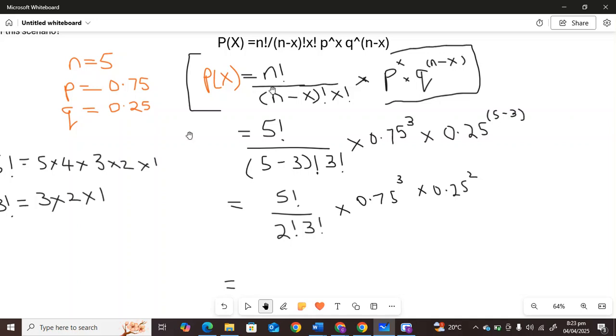So as you can see, 5 factorial over 5 minus 3 factorial, 3 factorial, multiplied by 0.75 to the power 3. You can see P to the power X, 0.75 to the power 3. And here Q, 0.25 to the power N minus X. So here to the power 5 minus 3.